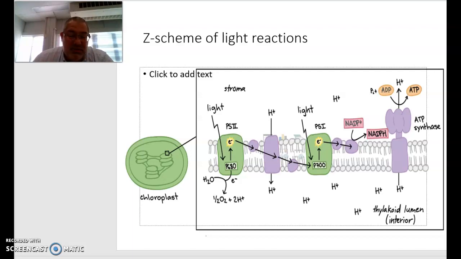So photosystems are clusters of several hundred different pigments with chlorophyll A kind of in the middle of this cluster of pigments, and that's where the reaction of the light reactions actually begins. The other pigments in these photosystems are called accessory.